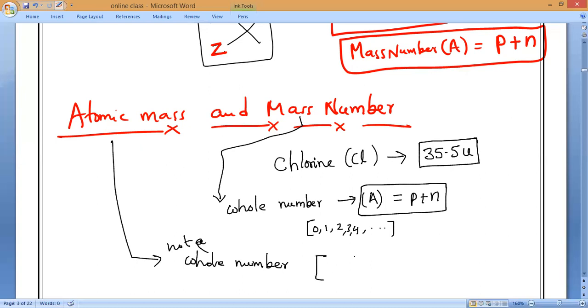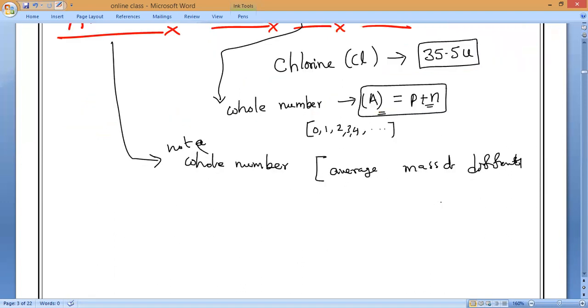Mass number is just the number of protons plus number of neutrons, but atomic mass is the average mass of different atoms of the same element. Sir, why sir? It is different atoms of the same element.